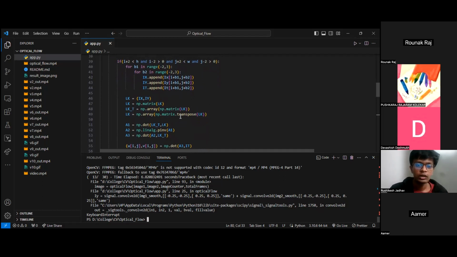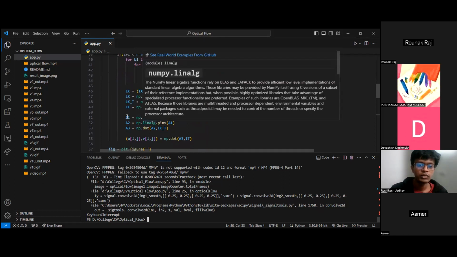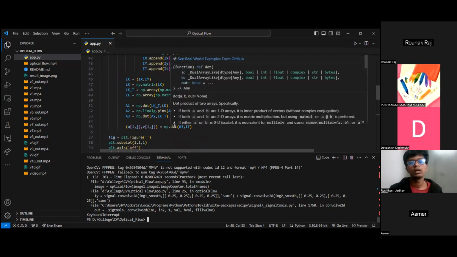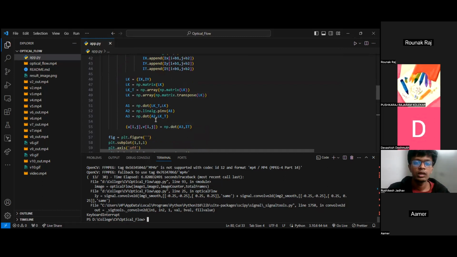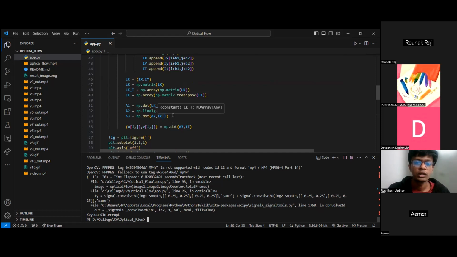In LK, we are storing the transpose of the matrix, and after this is the A transpose A multiplication with np.dot, and with this function we calculate the inverse of A1, which is stored in A2. This is the final matrix multiplication with A3 and IT, which is basically just A transpose A inverse times A transpose b, the function shown in the report.